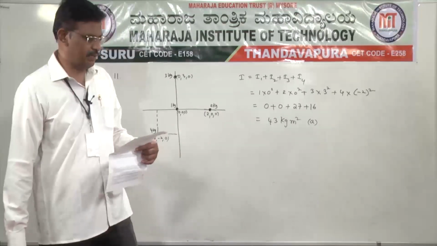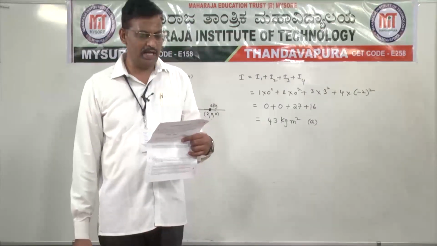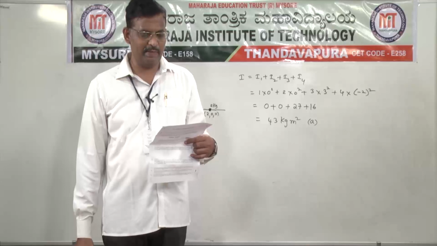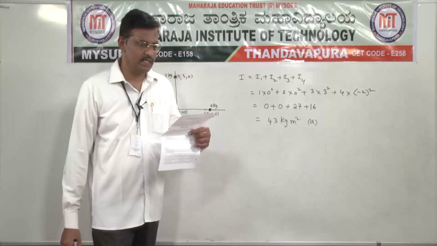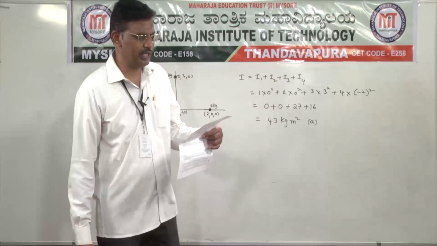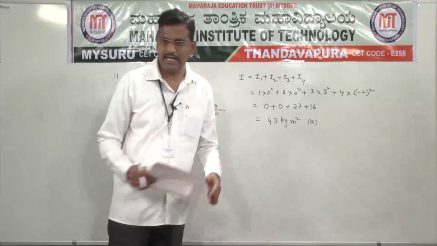Next, question number 12. The angle turned by a body undergoing circular motion depends on time as theta is equal to theta naught plus theta 1 into t plus theta 2 into t square. Then the angular acceleration of the body is?